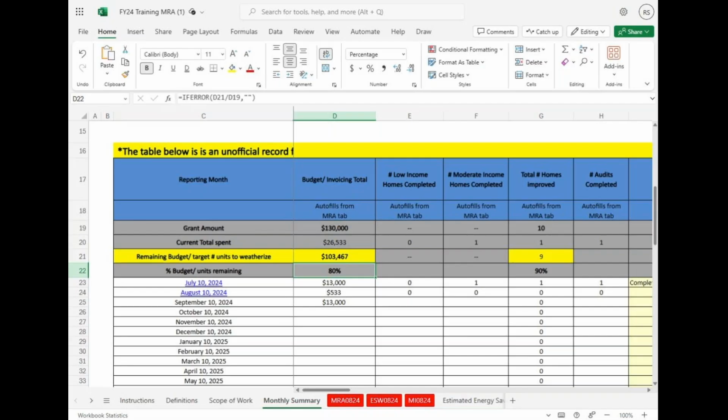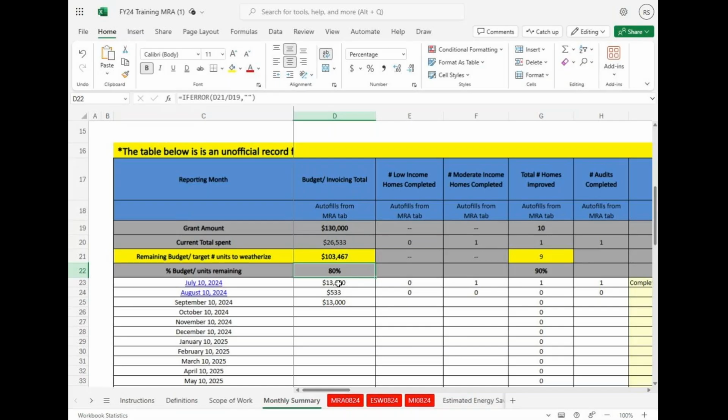So if you're into the final few months of the fiscal year, this is going to be dropping down to smaller and smaller digits, and it deserves particular attention once you're into the final few percentages of the grant. This is functionality from previous years; we had some of it. Now it's greatly expanded in the level of detail for your reference, so you can properly plan out the program.